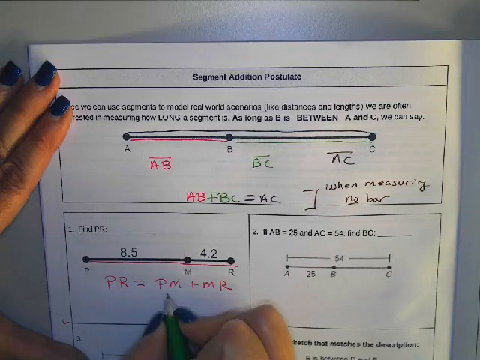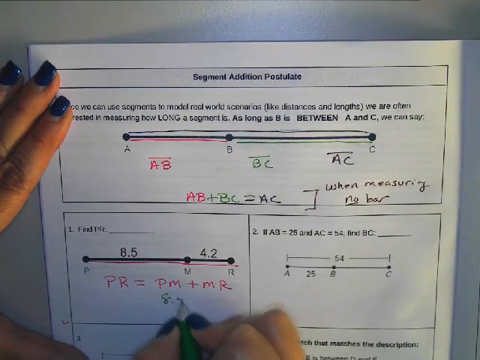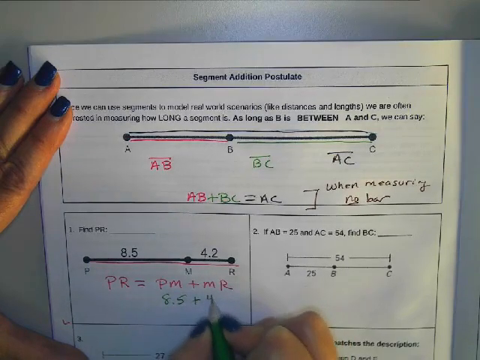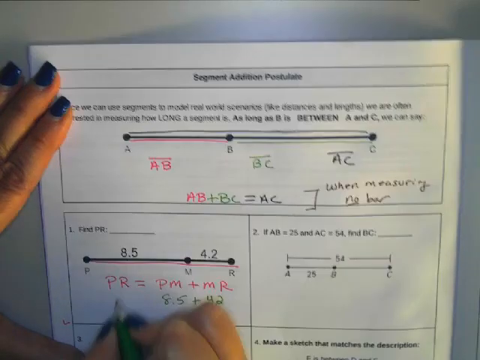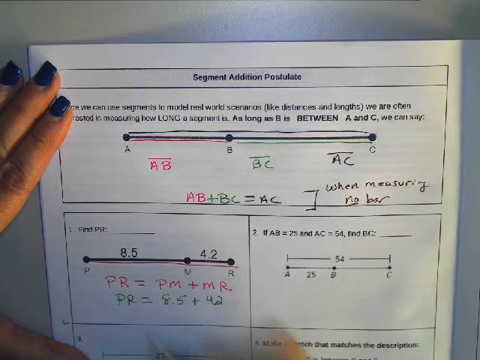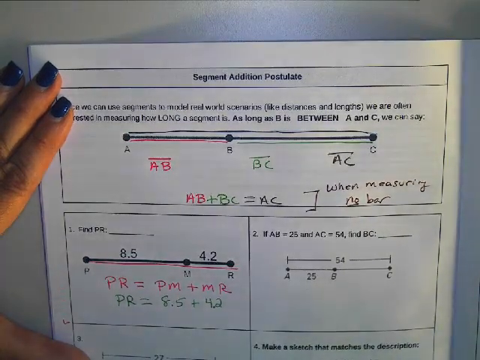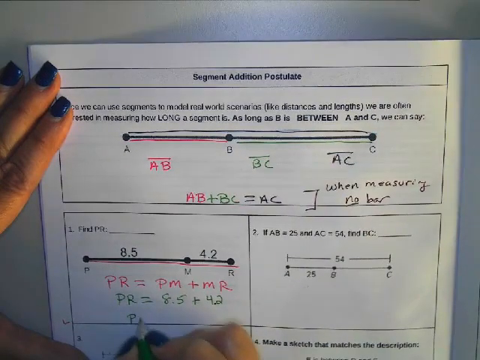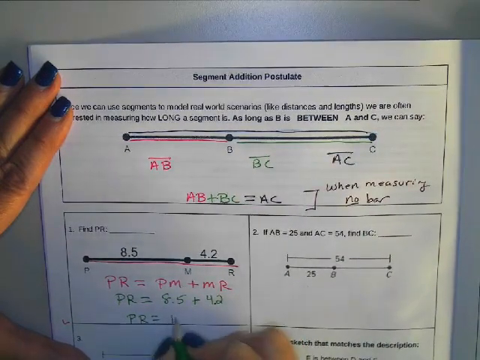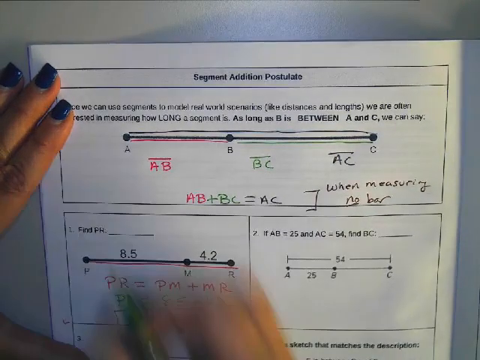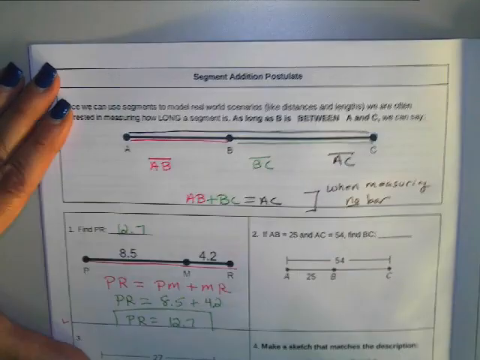Well, I know that PM is 8.5 and MR is 4.2. So PR equals 8.5 plus 4.2, which is 12.7. So the answer to the question, find PR, is 12.7.